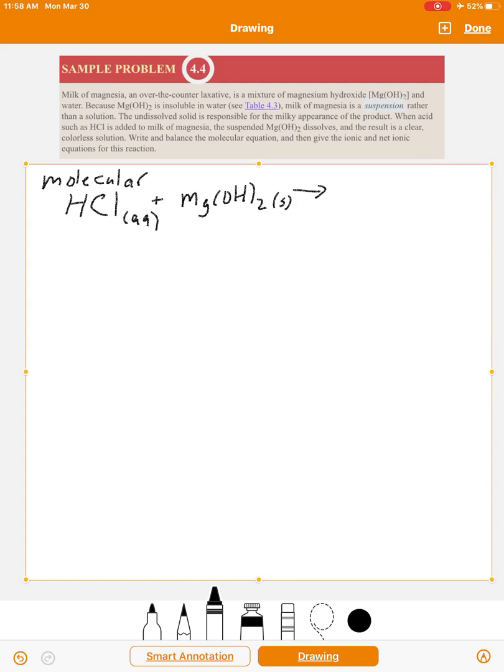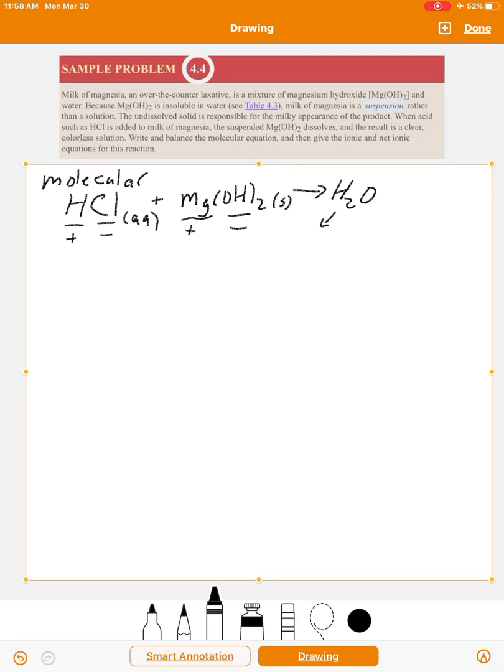Now you predict the products. Here's the way it works out, very much just like the precipitation. There's a plus and a minus, cation, anion. There's a plus and a minus, cation and anion. Switch partners. So the H plus is going to go with the OH minus to form water.